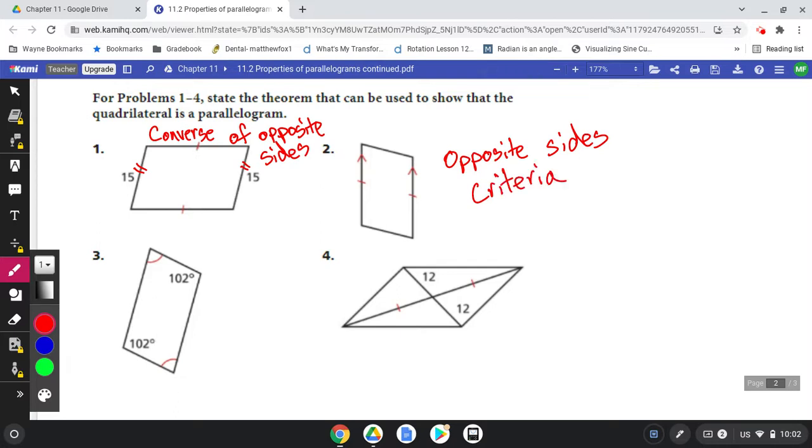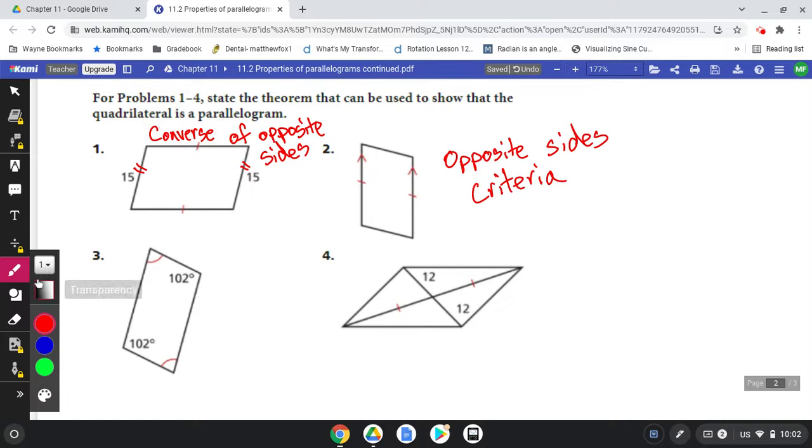And I should say, we've talked about 4 ways to prove that shapes are parallelograms. The 5th way is if both sets of opposite sides are parallel. If that's already given to you or you know that, then that is another way.